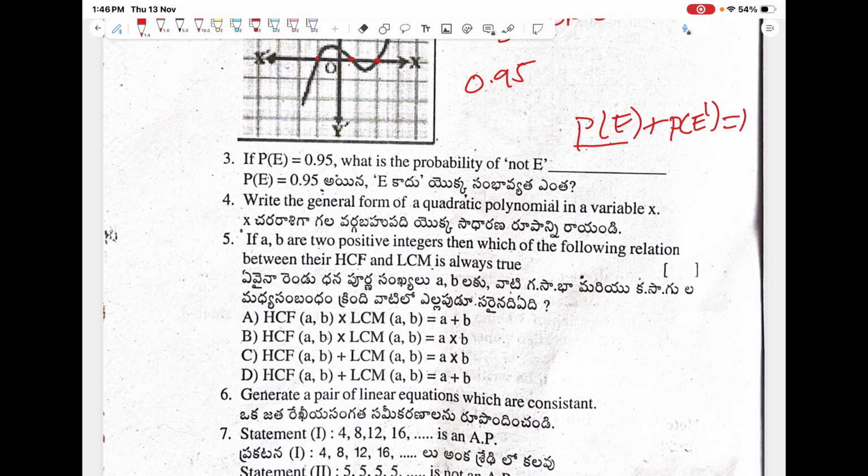Now you subtract. So 0.95 plus the probability of not getting the event equals 1. So you have to do 1 minus 0.95, which is nothing but 0.05. So 0.05 is your answer.